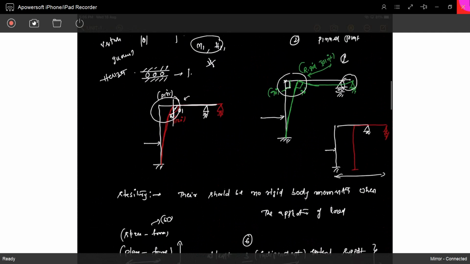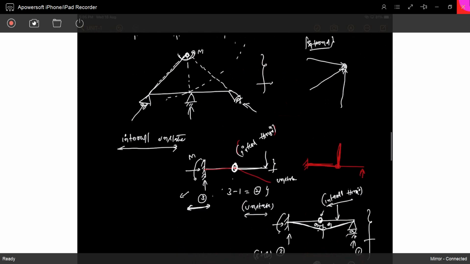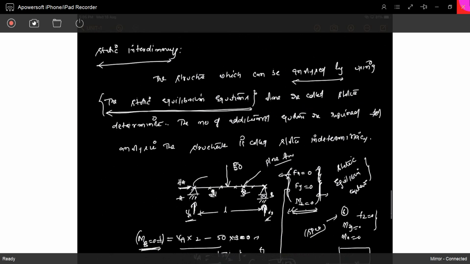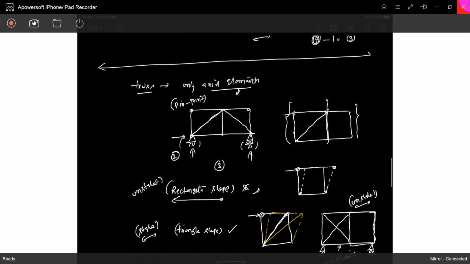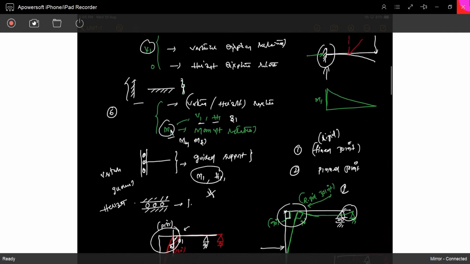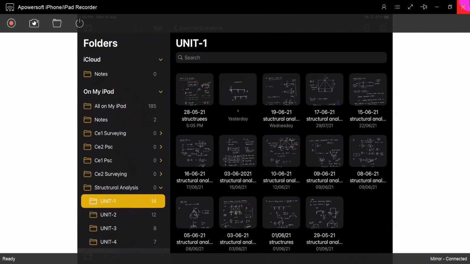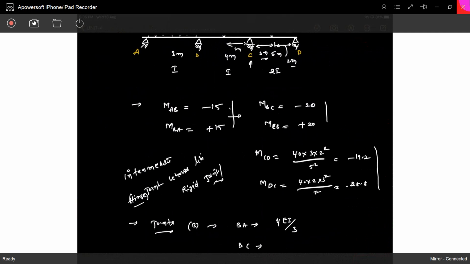Rigid joint, pin joint. In the first unit, first class of structural analysis, I explained what a joint is, what a pin joint and a rigid joint are. Every time I explain this.